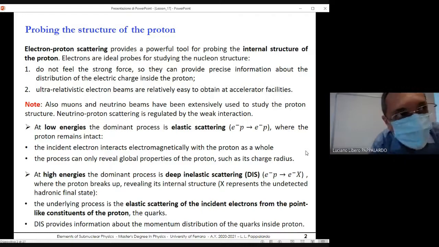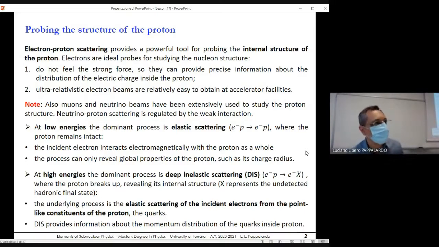So the proton breaks up, and all the quark content of the proton have to hadronize, as we studied last week. So at the end we observe a bunch of hadrons in the final state that we just generically call X, where X means that in general we don't detect these hadrons, but only the scattered lepton.